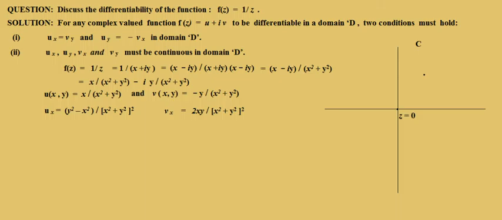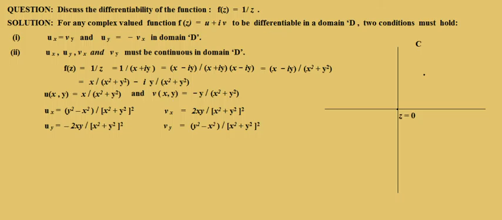Similarly, the partial differentiation of u with respect to y, that is uy, is equal to -2xy/(x² + y²)², and partial differentiation of v with respect to y, that is vy, is equal to (y² - x²)/(x² + y²)².